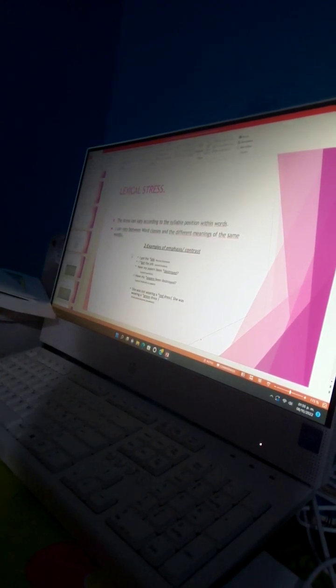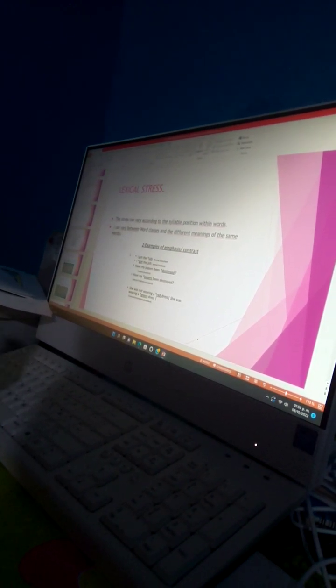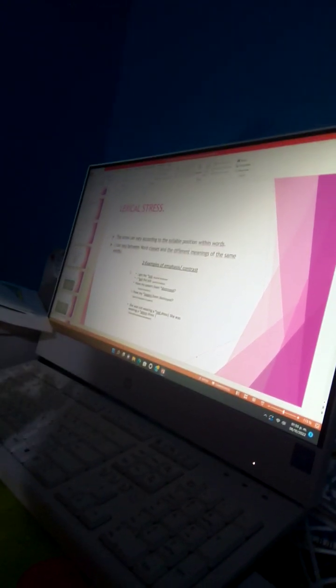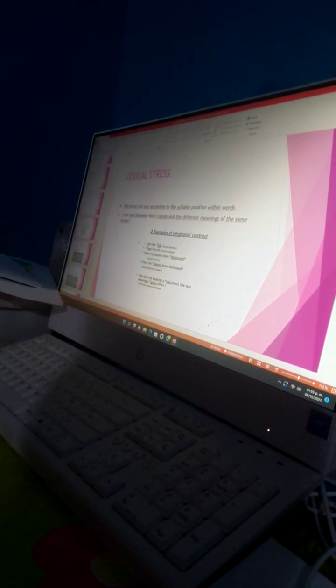When we want to emphasize that I got the job, not the interview, just I got the job, people gave me the job, that's why I emphasize the word job. But when I say I got the job, with the word got underlined, that means that I myself got the job. Nobody else did it for me. So I got it myself.